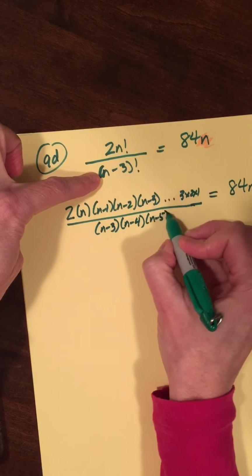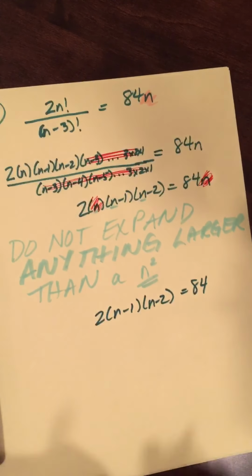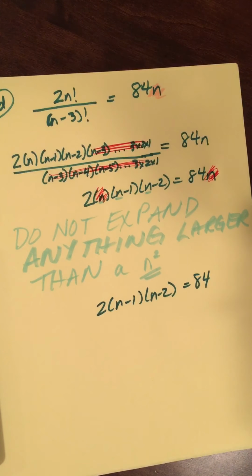I certainly do. So what am I left with? Anybody else got any other ideas before we start expanding? I got an idea. What if I divide both sides by 2?